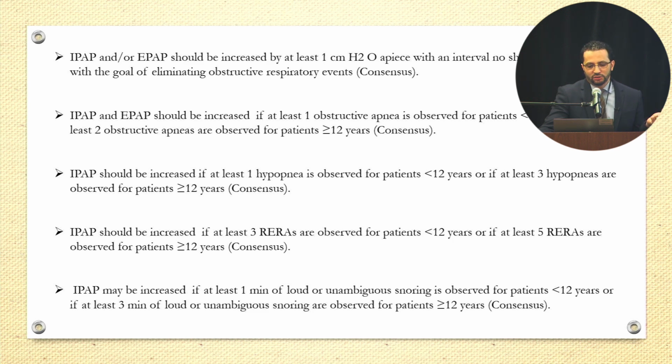You need 2 obstructive apneas to change your BiPAP pressure for adults, or for patients who are 12 years old or older. If you have hypopneas, then you don't have to increase the EPAP, you just increase the IPAP. But remember, the maximum difference will be 10. If you reach a difference between IPAP and EPAP of 10, then in that case you increase the EPAP, so you keep that maximum recommended range of 10.